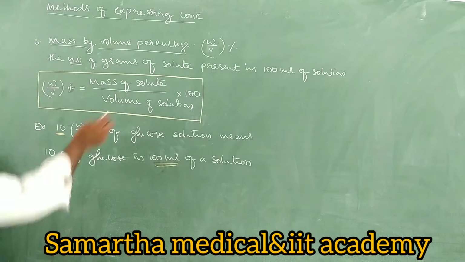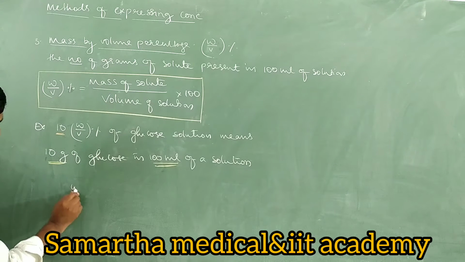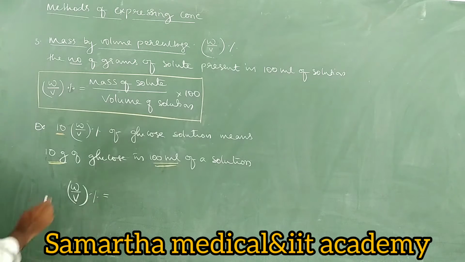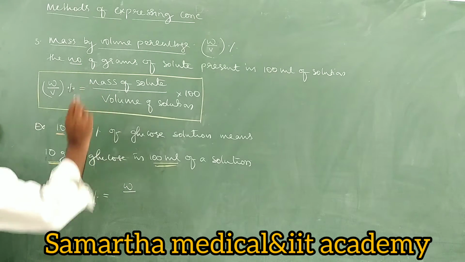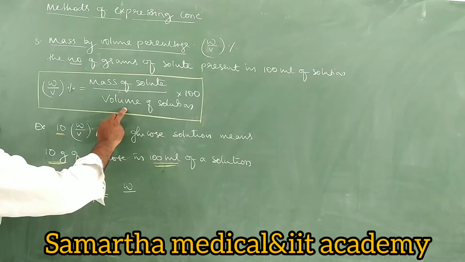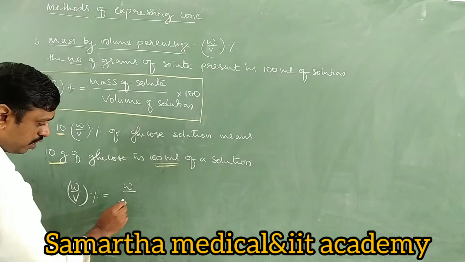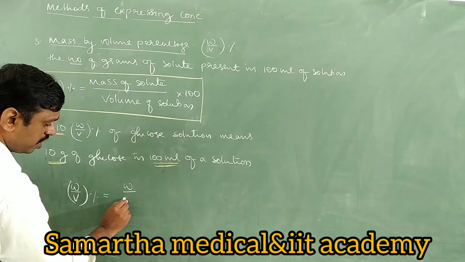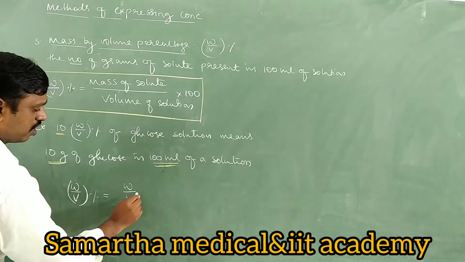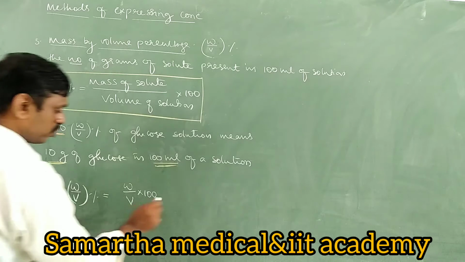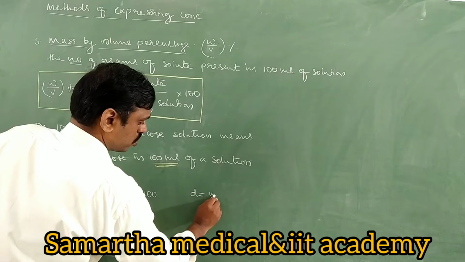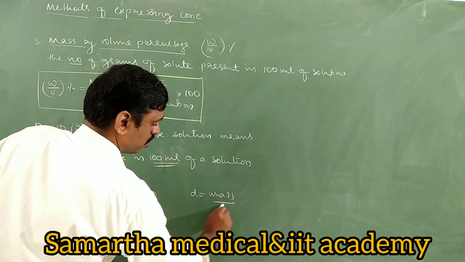Next, can we write W by V percentage equals the mass of the solute, I'll take W, divided by the volume of solution V, into 100. We also know that density equals mass by volume.